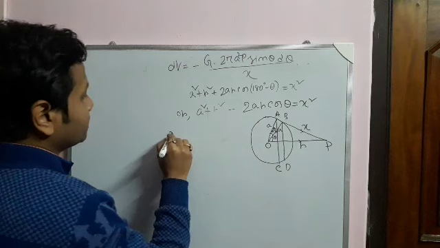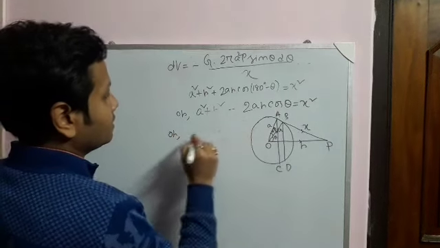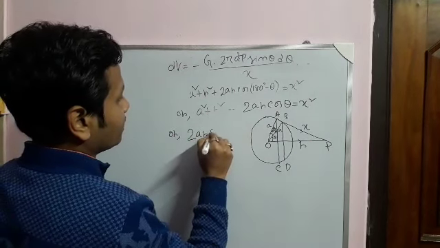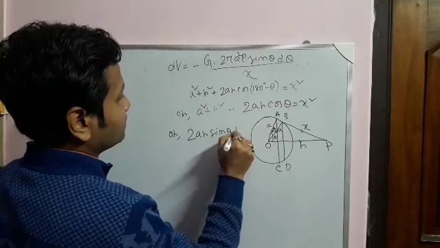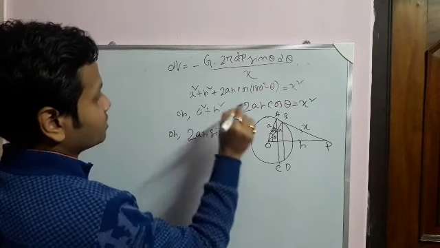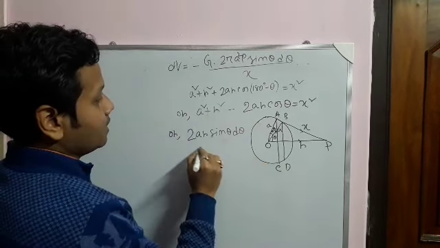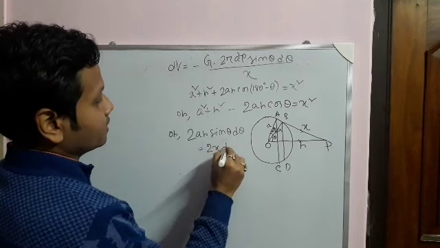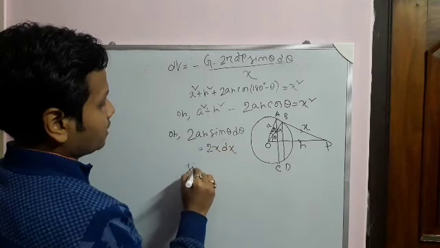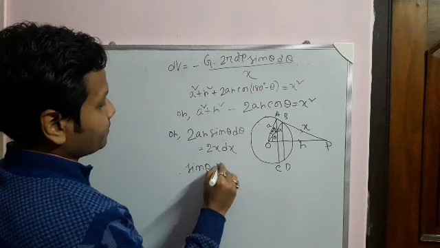So if we differentiate it, what do we get? This is simply 2AR sin theta d theta, because these terms are constants. This equals 2x dx. Now what will be my sin theta d theta?